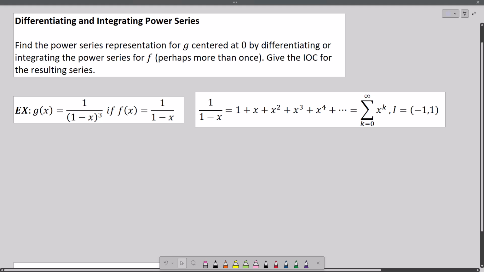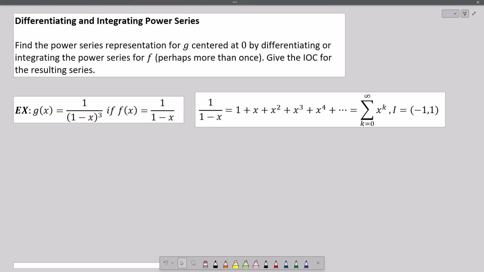All right, so let's take a look at this. This is the hardest type of question that's going to be on exam 3. So we've got the geometric series right here. We know the power series for the geometric series. Now we want a power series for g.